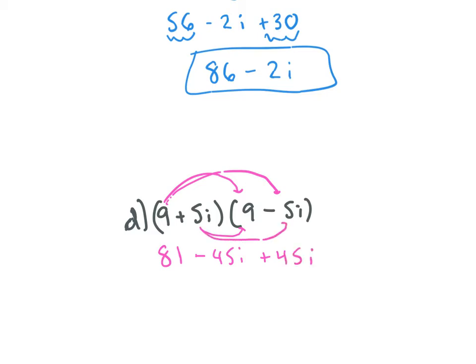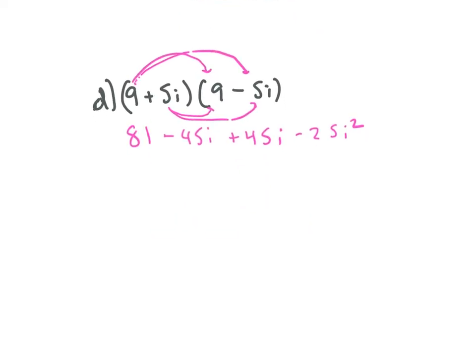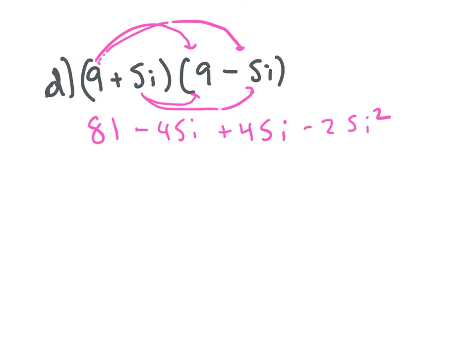Now we combine our like terms. What happens to negative 45i and positive 45i? They cancel each other out. So then we have 81, and then what does the i squared become? Negative 1.